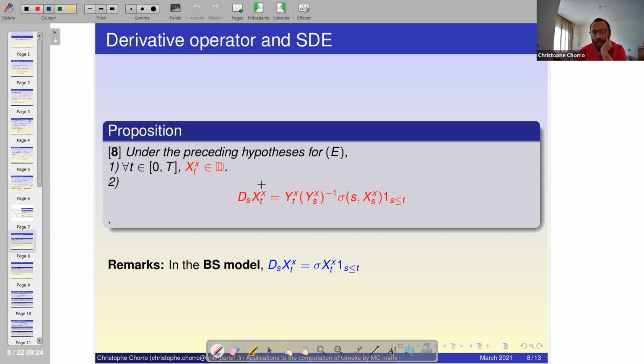And what is more, I am able to compute this derivative operator, and I see that in the form of this derivative operator I obtain something that depends on the first variation process, and that's why I have used it here.